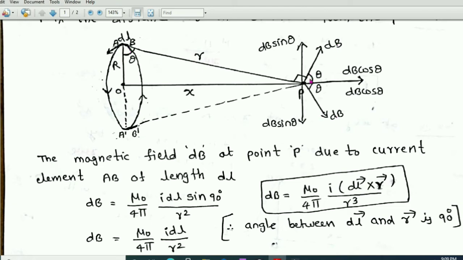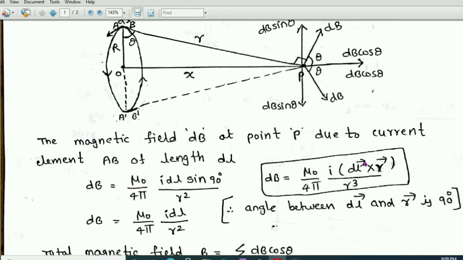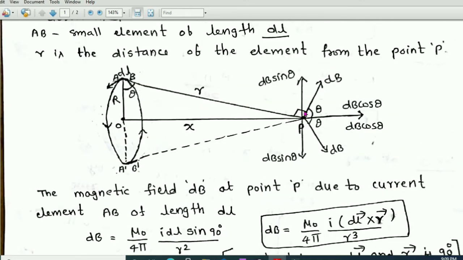From the formula, dl bar cross r bar, the magnetic field dB is perpendicular to dl bar, and the magnetic field dB is perpendicular to r bar. According to the definition of vector product, the dB bar is perpendicular to both dl bar and r bar. Here this dB is perpendicular to r bar.